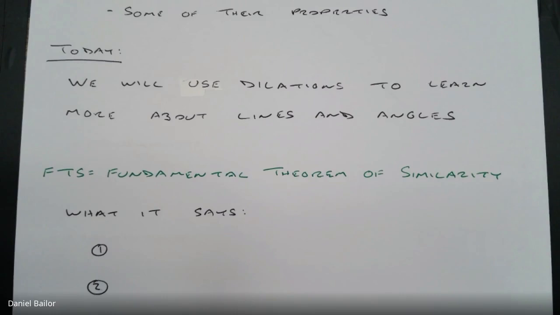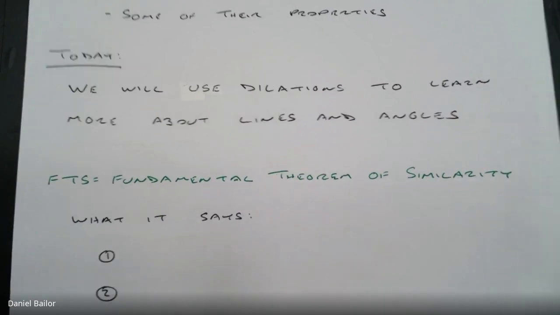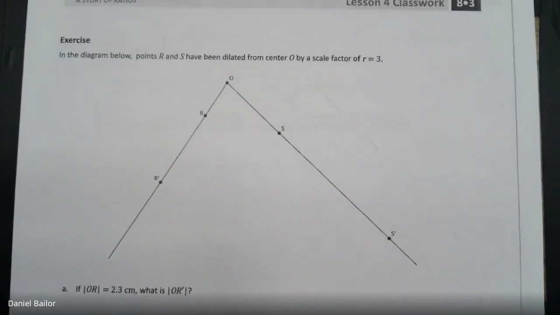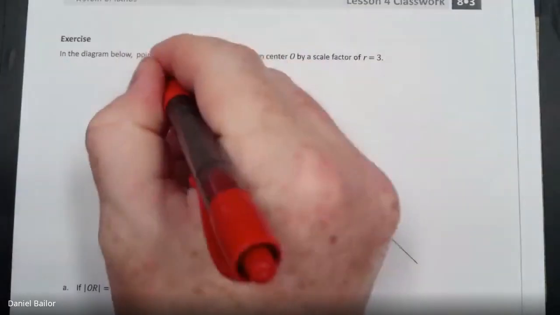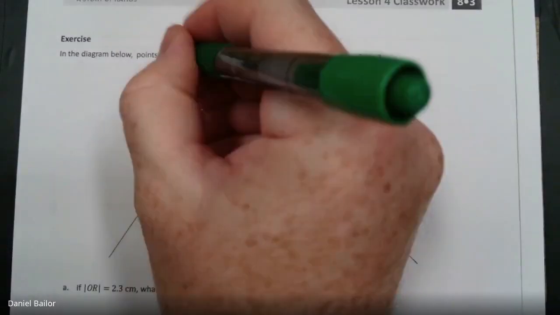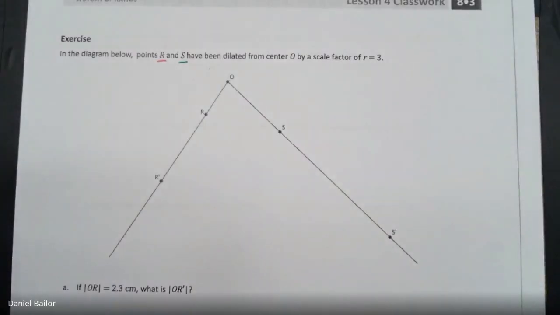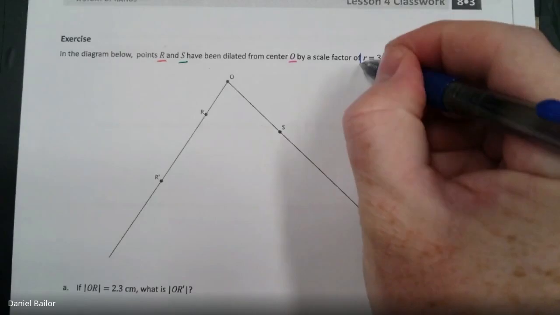So let's start by going to page 37 of our books. Page 37 of our book looks like this. It has this exercise on it. One big angle made of a couple different rays. It says in the diagram below, points R and S have been dilated from center O by a scale factor of r equals 3.